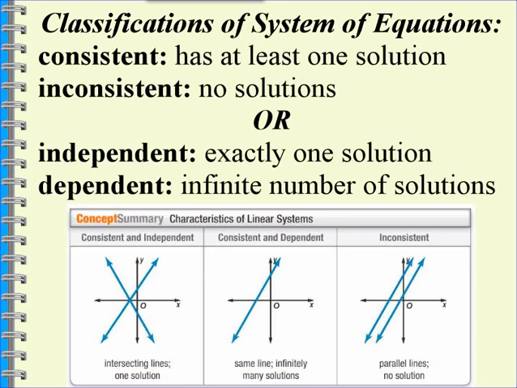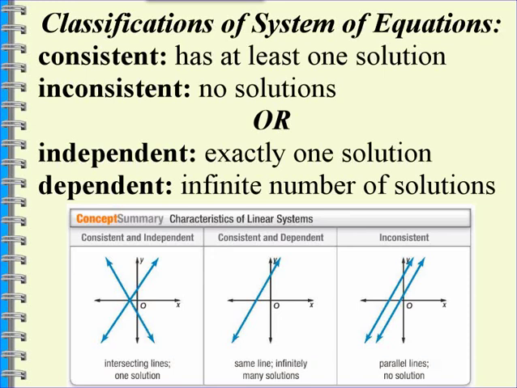A system that is inconsistent has no solutions. A system can be independent, in which case there is exactly one solution. And a system can be dependent, in which there's an infinite number of solutions.